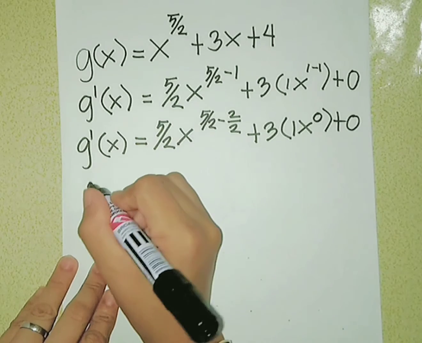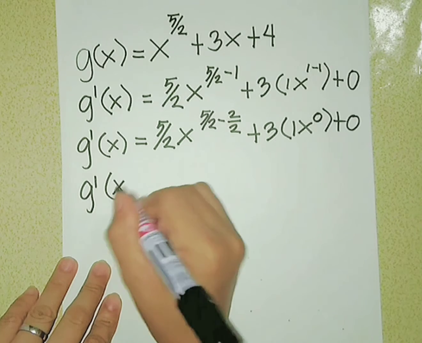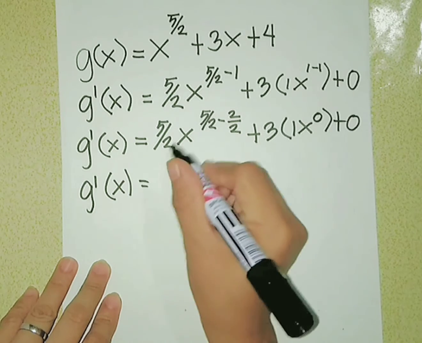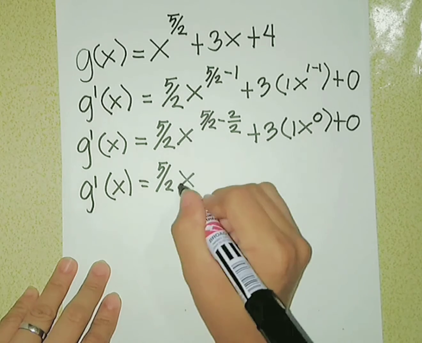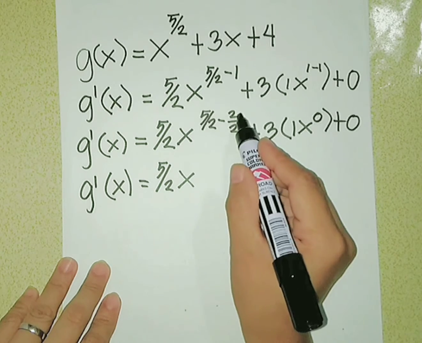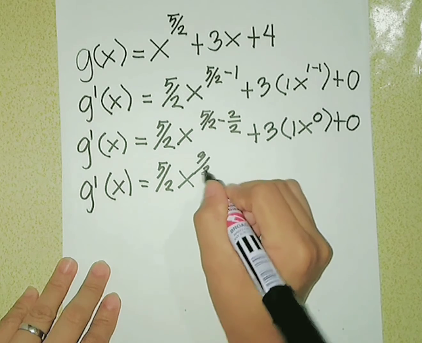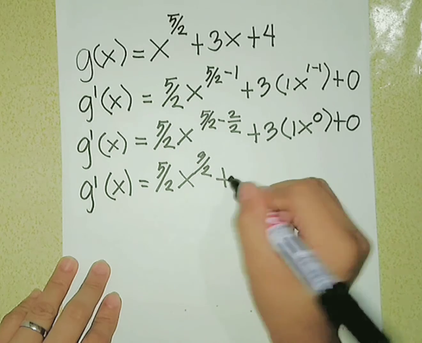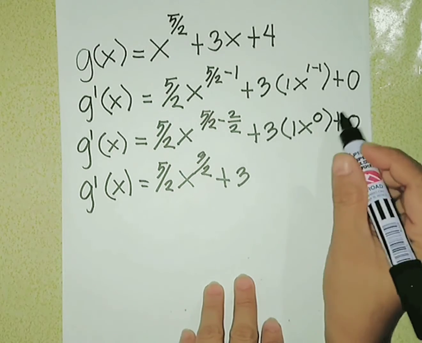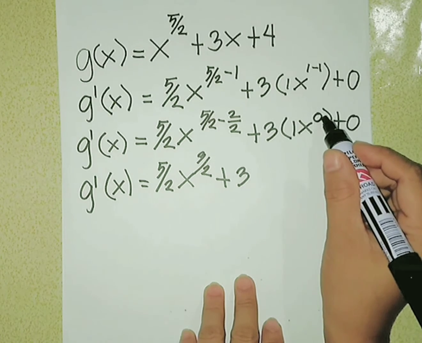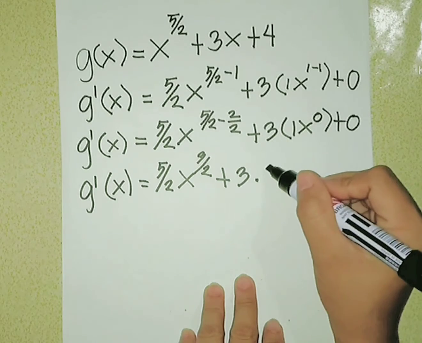So we're going to have g prime of x equals, so we write down 5 over 2 and then x to the 5 over 2 minus 2 over 2, which equals 3 over 2, plus 3. When we take a 0 power exponent, we get just 1, so we can write 3 times 1.